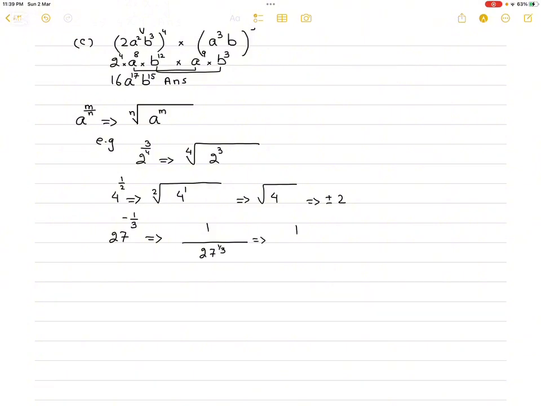So now I can write 27 power 1 and the root is 3, means a cube root. So the cube root of 27 is 3. We have to select a number such that when we multiply that number 3 times, because we have a cube root, it should give us 27, and that is 3. 3 into 3 into 3 gives us 27.